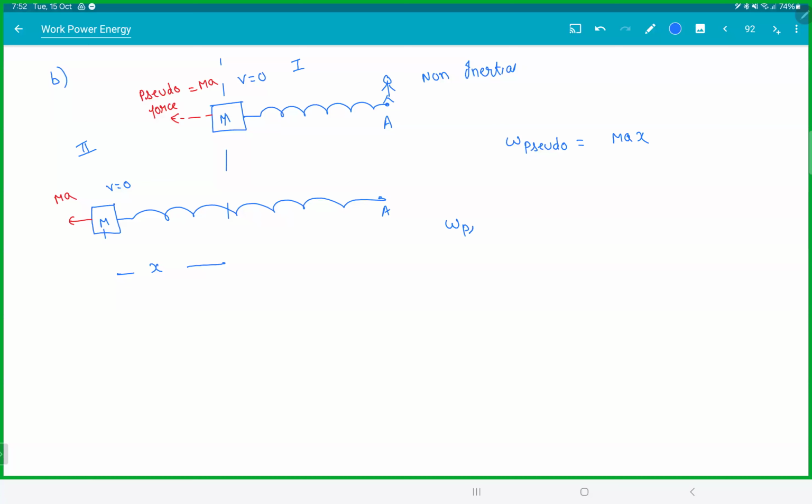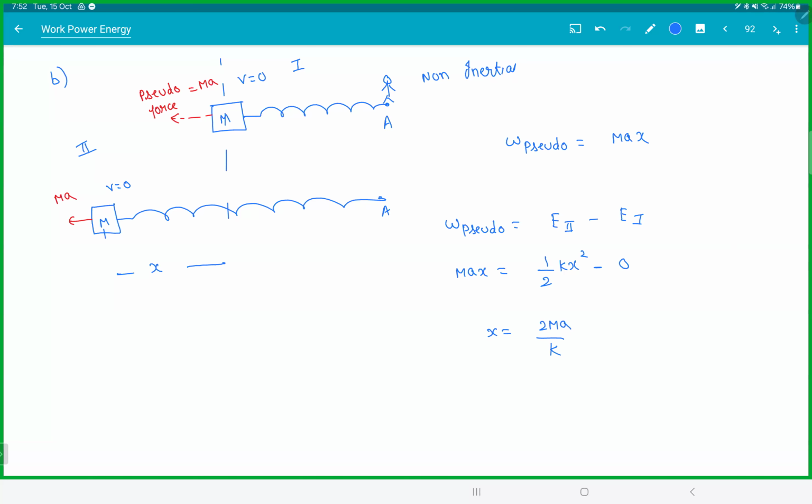Work done by pseudo force is energy in state 2 minus energy in state 1. This is MAX. Energy in state 2: potential 0, ground is 0, kinetic is 0, half k x square. Energy in state 1: kinetic is 0, spring is 0, potential is 0. X is equal to 2 ma by k.